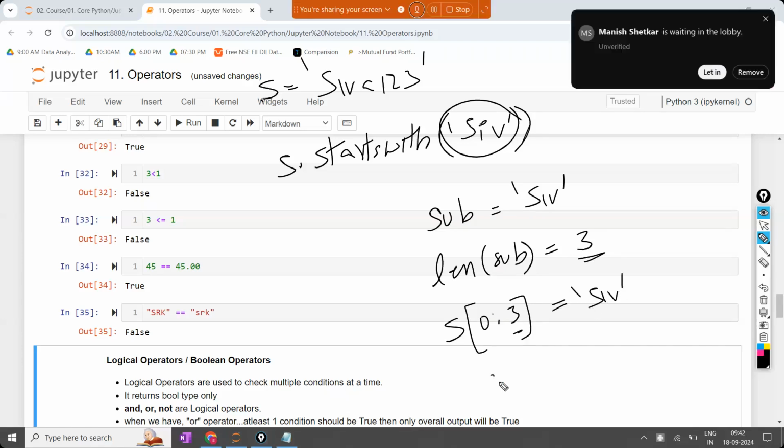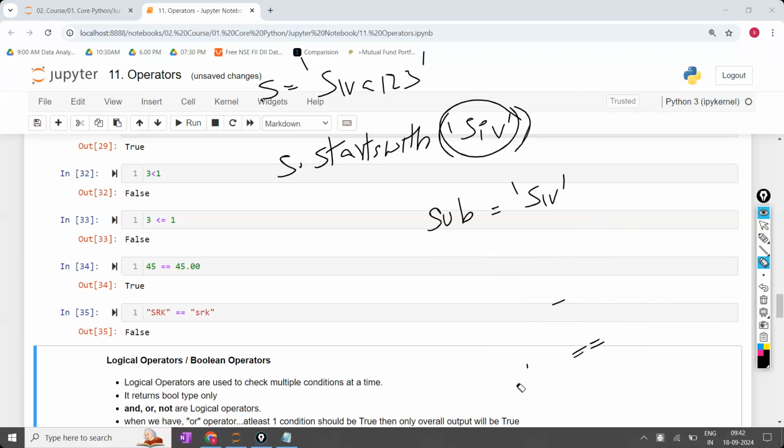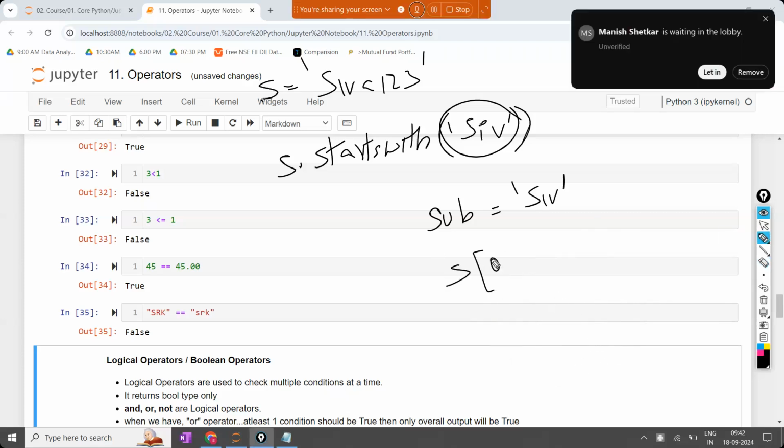Now it is comparing whether s of 0 to 3 is equal to SIV. This one and that one, both are same or not, it is checking. That is nothing but sub. So literally in the backend, it is checking s of 0 to length of your sub.